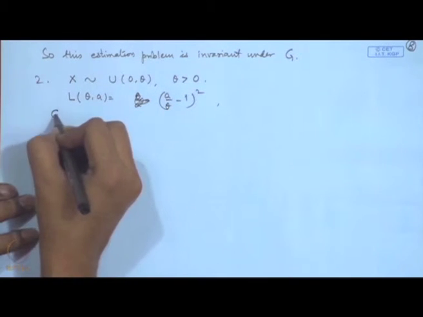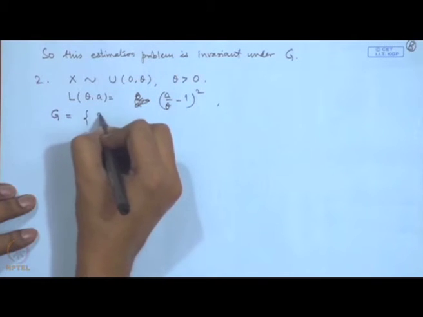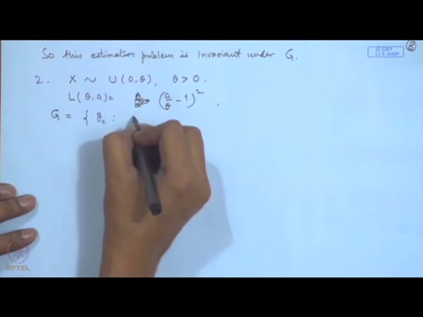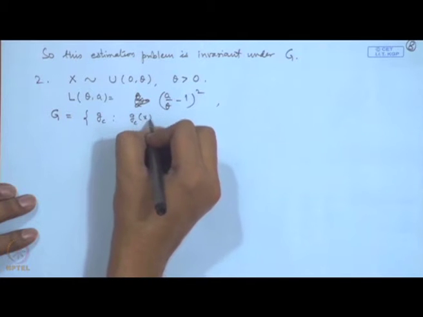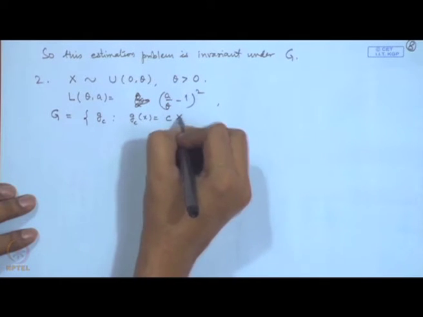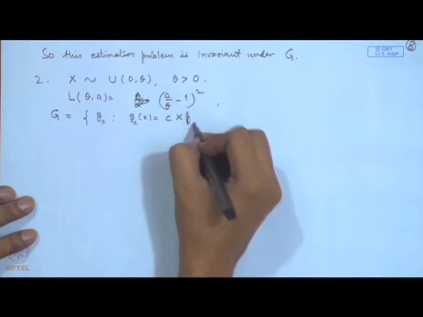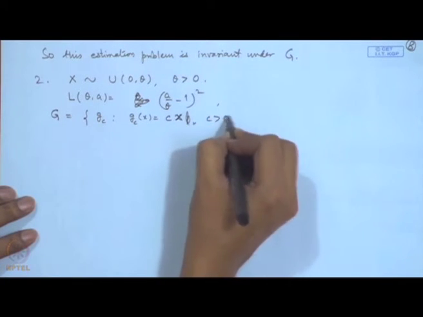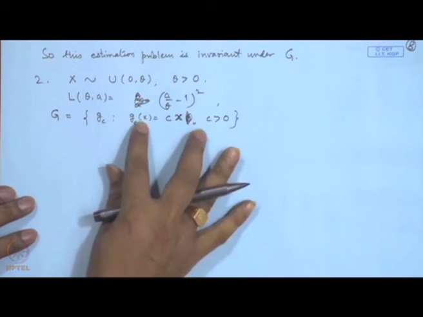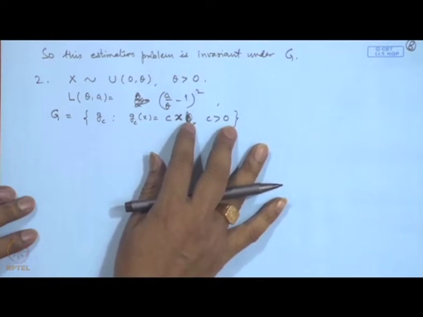Let us consider the group of transformations g_c, where g_c(x) is equal to c x and c is positive. First of all, we can see whether it is a group of transformations.